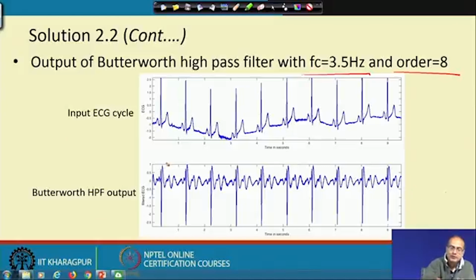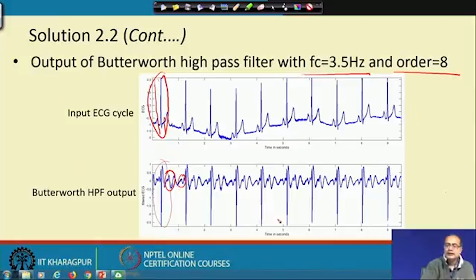The QRS complex seems to be inverted here. This is the QRS complex, rather this part, that has got inverted. The T wave looks like an oscillation rather than a positive hump. The P wave is also distorted. The P wave has become jagged.